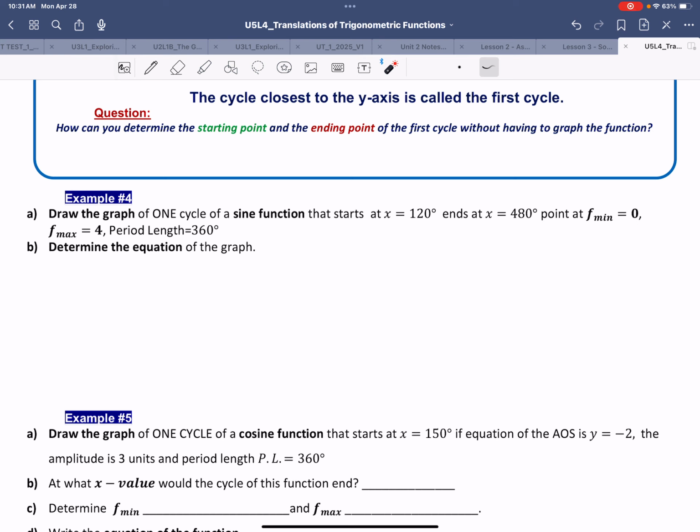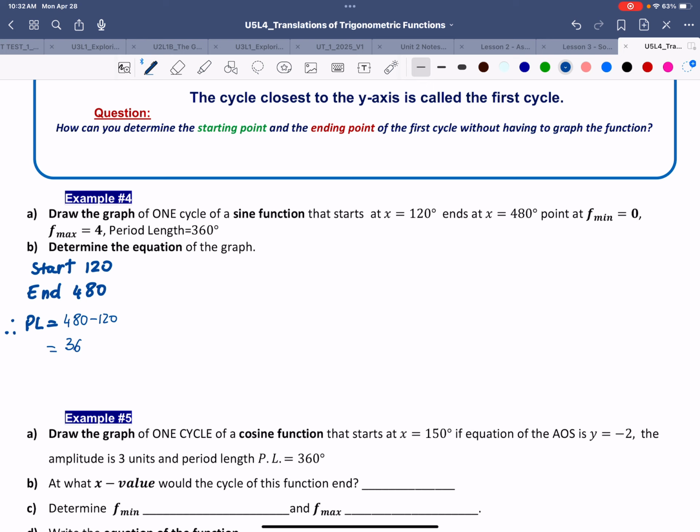So let's read the question one more time and clarify what information we're given. So we're given 120 and 480 as the start and the end point of the graph. So what that means is that the graph starting at 120 and ending at 480 suggests that the period length of this graph will be the difference between 480 and 120. 480 minus 120 is 360 degrees.